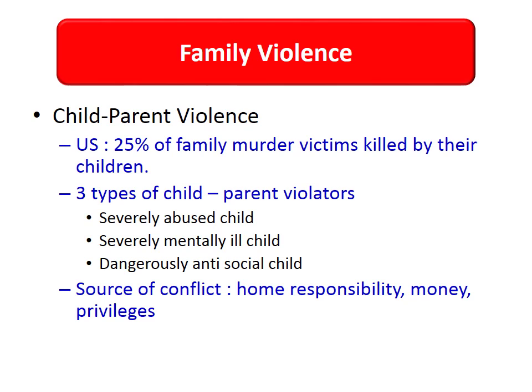And finally, the dangerous antisocial child who may kill a parent in order to meet his or her own goals, or because she or he sees the parent as somebody who is blocking him or her from achieving his or her own goals. Most of these violent incidents are associated with conflicts about home responsibility, money, and the child's privileges, for example, in terms of freedom.